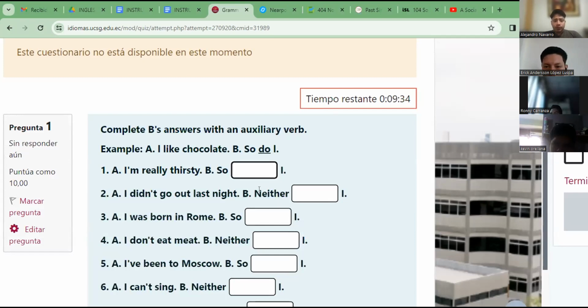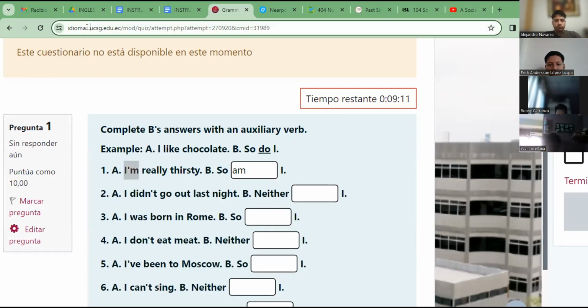So am I. I told you that you have to read, but okay, thank you. Remember, this is present verb to be, and it's positive. You can open the activity now.